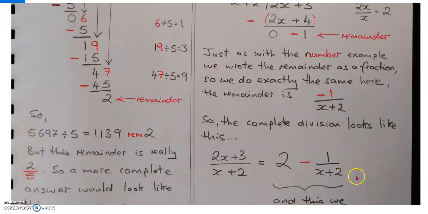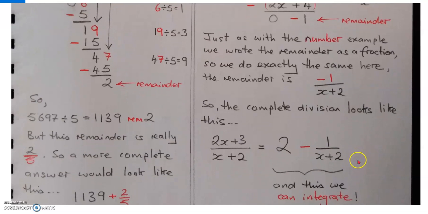Now, what we've really done is we've split this division up into a whole number minus another thing there. And all of this we can integrate. We can't integrate that straight away without splitting it up like that. So let's integrate it.